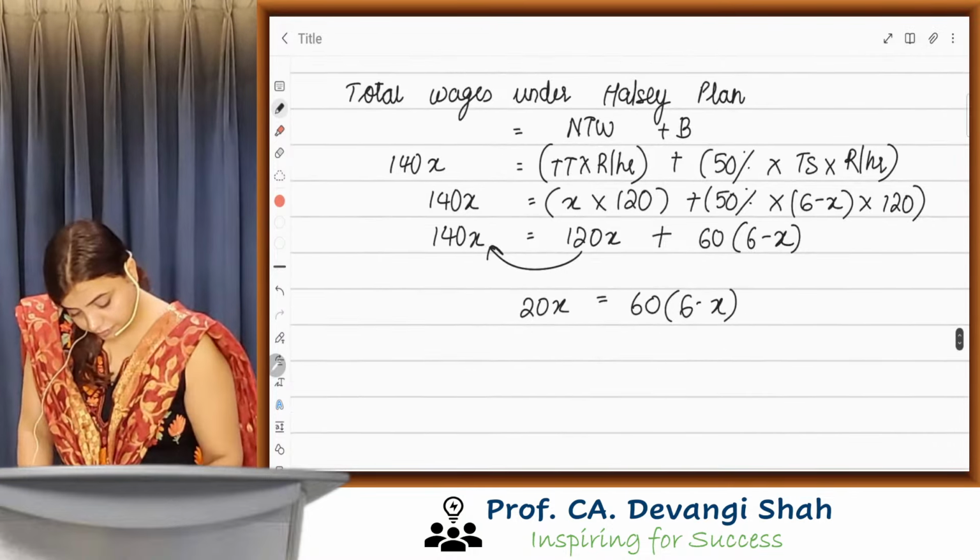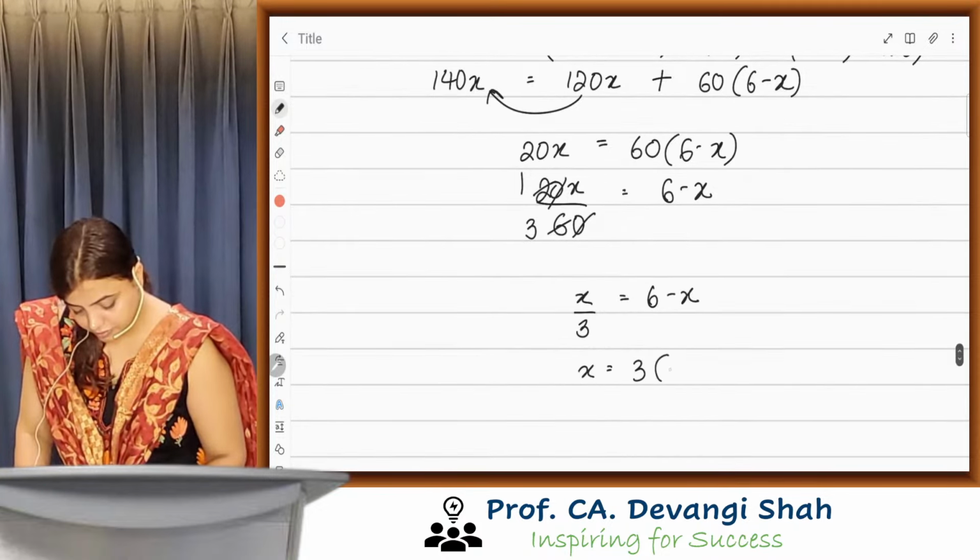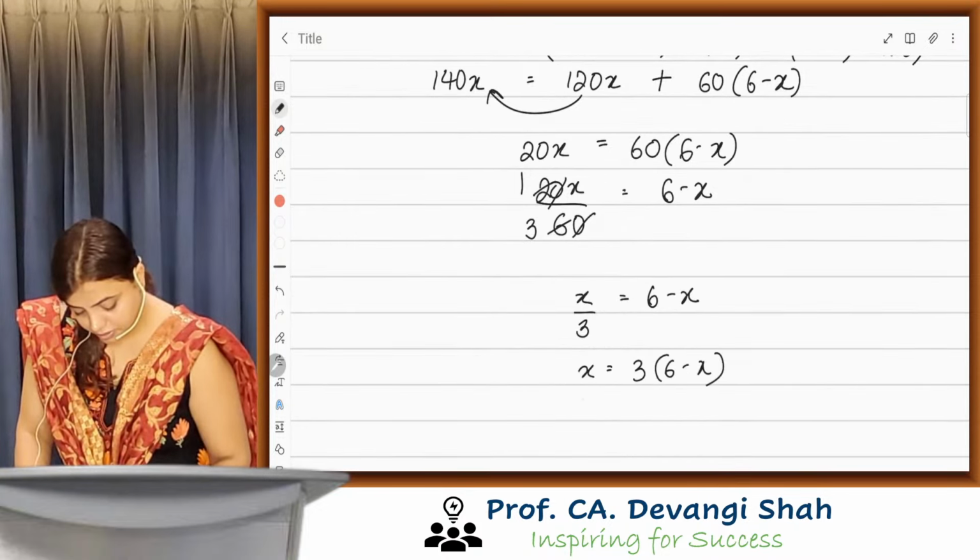What further? x by 3 is equal to 6 minus x. Let's take this 3 on right hand side. So x plus 3x is equal to 18. What do you get? 4x is equal to 18. x will be 4.5.